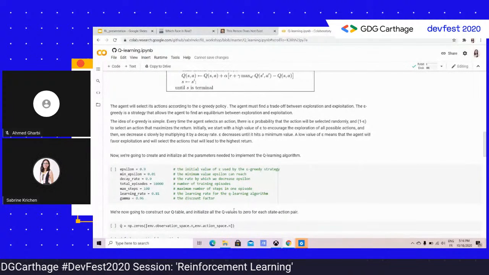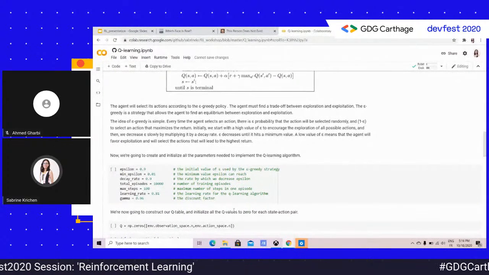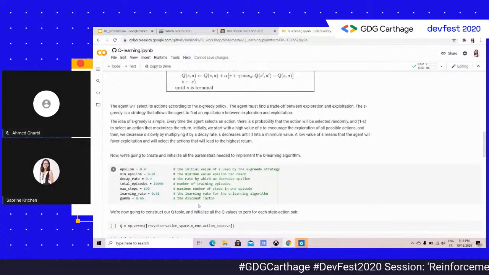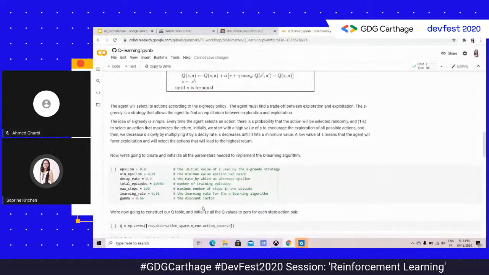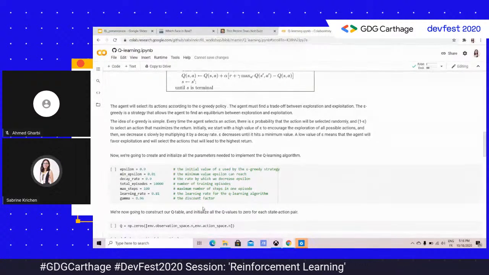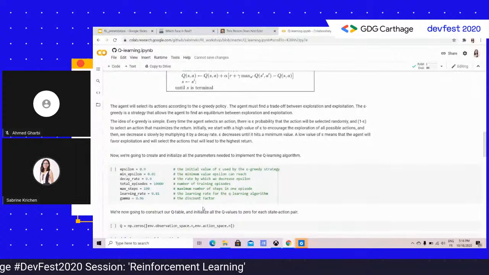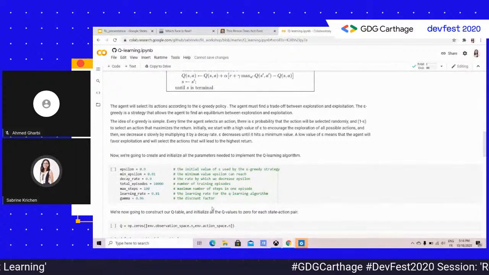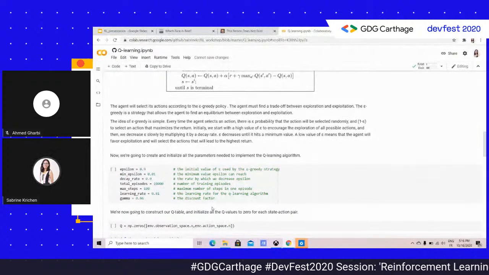For the maximum number of steps in one episode, we will give the value of 100 to this hyperparameter. And of course, here the learning rate for the Q-learning algorithm and the discount factor.